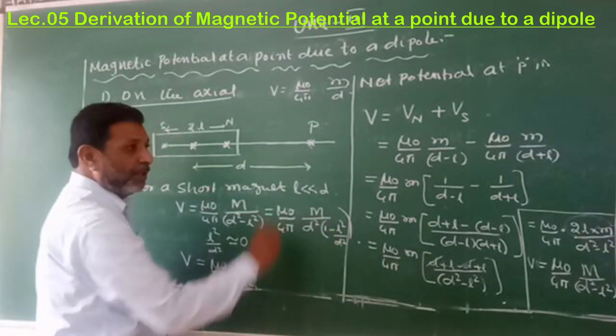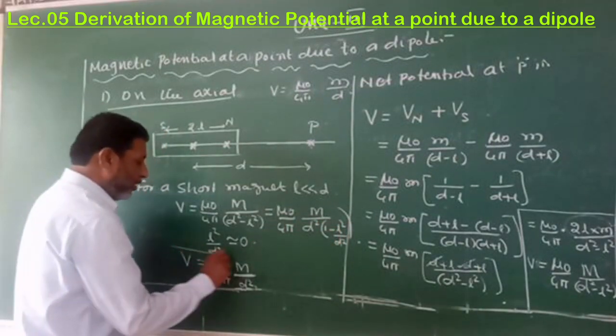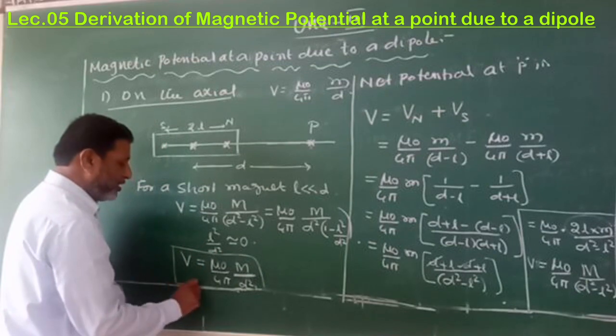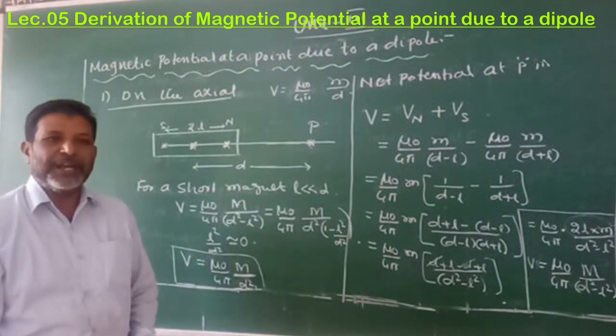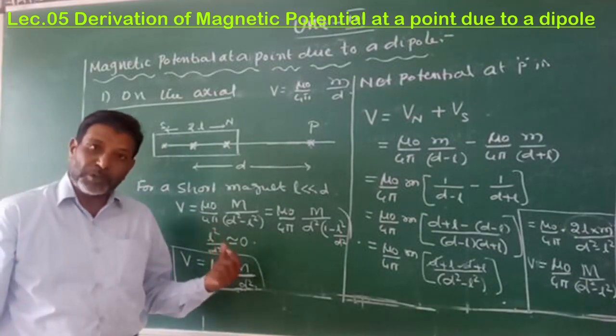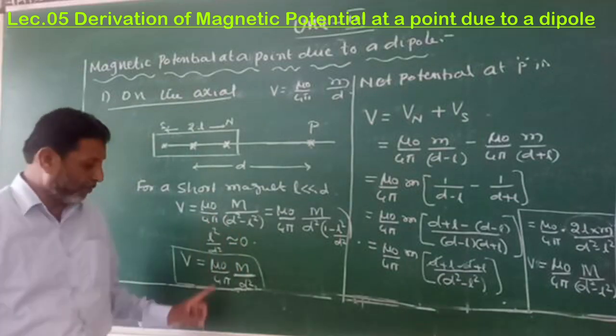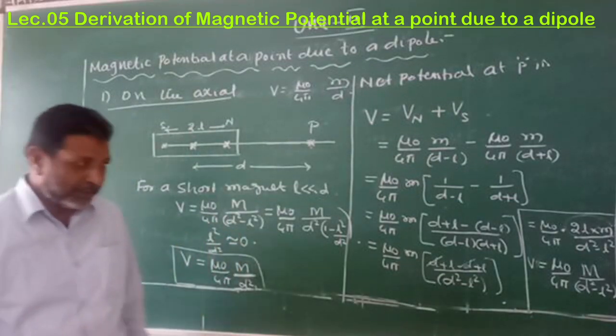Now see, this is the formula of the potential along the axial line of a short dipole.